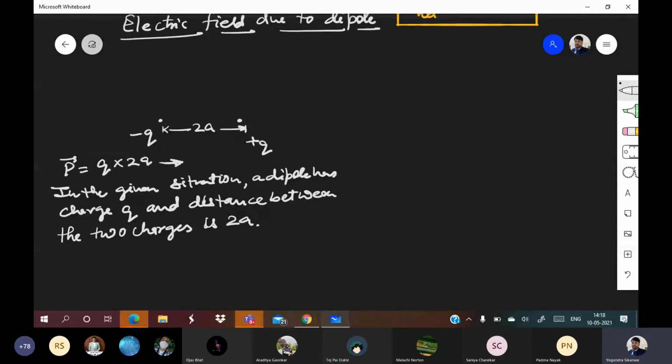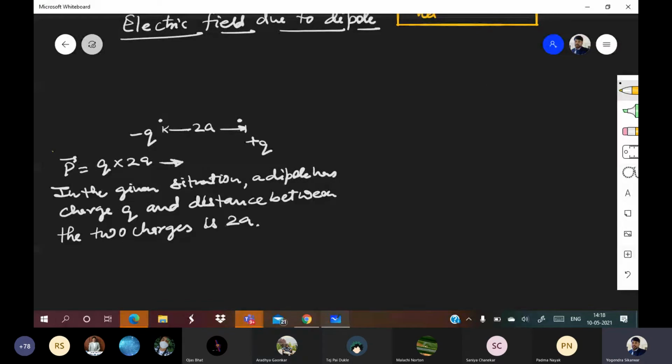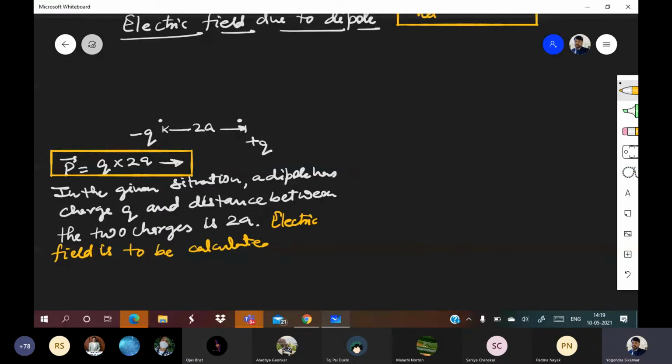Now, electric field is to be calculated at distance r from midpoint of dipole.